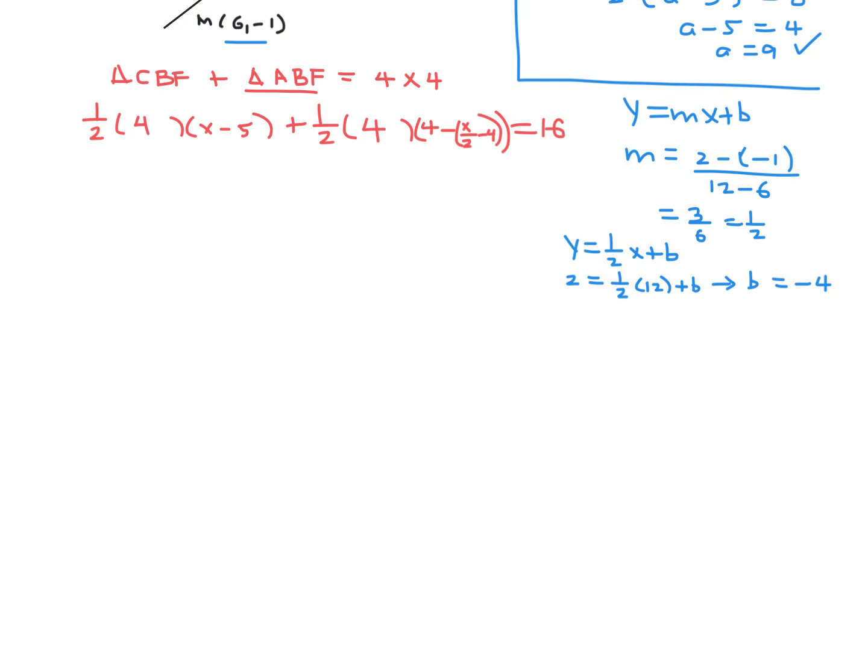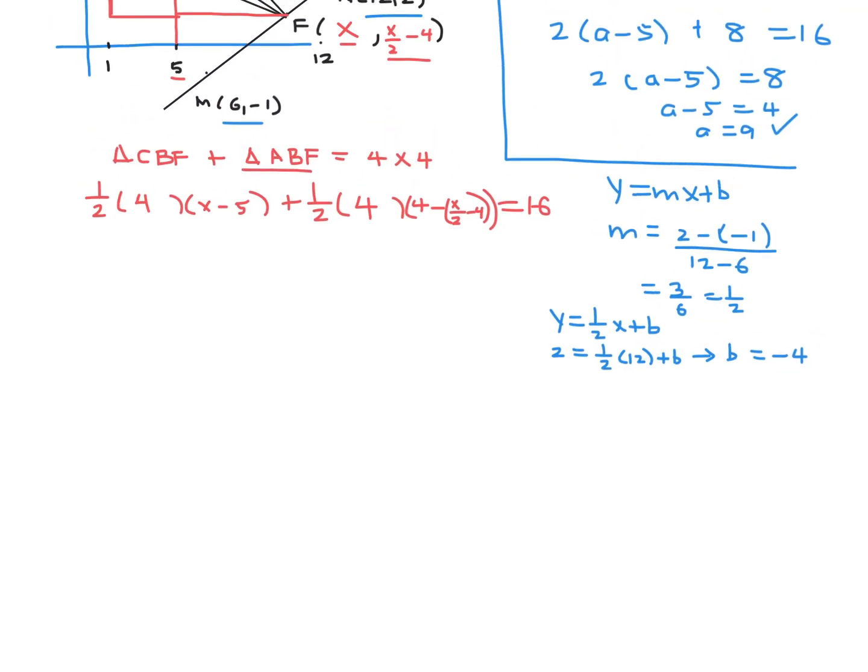And if I solve it without making any mistakes, I should be able to get the value for x, and then I will be able to get the value for y and figure out the coordinates of this F right here. Okay, so here we go. We've got 2 times x minus 5, and then we have another 2 times 4 minus x over 2 minus 4, so that's going to become 8 minus x over 2, and that's 16.